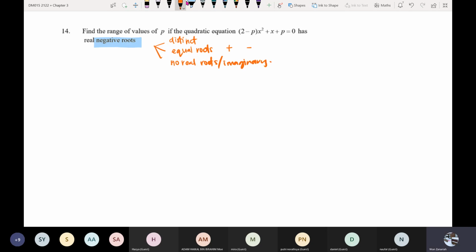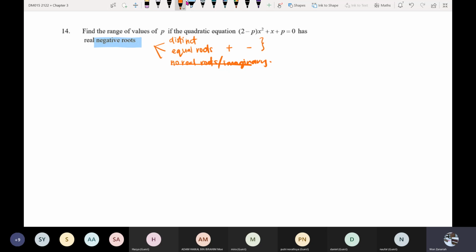Tapi soalan ni dia kata find the range of values P if the quadratic has real negative root. Okay, so mungkin dia ada dua roots tapi kita ambil yang negatif lah. So dia real, dia bukan yang ini. So dia sama ada B square minus 4AC.